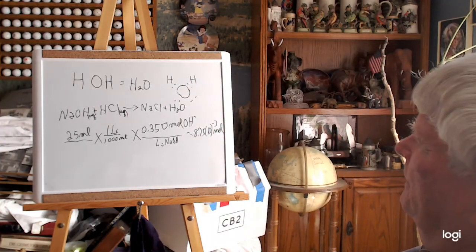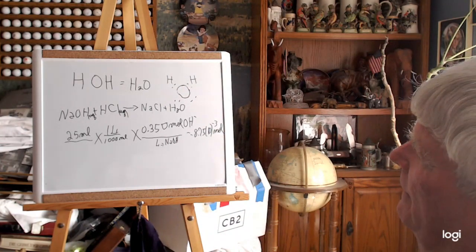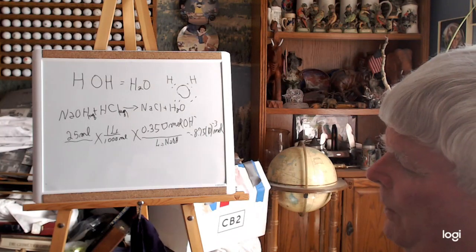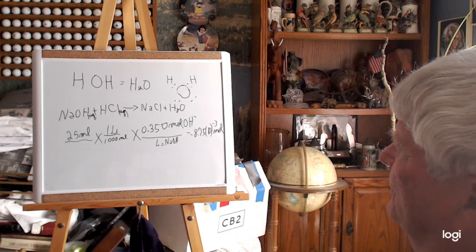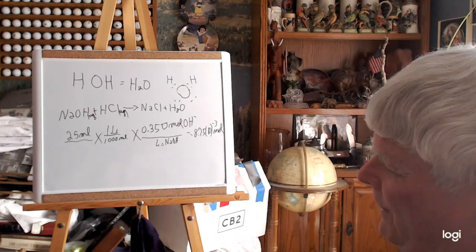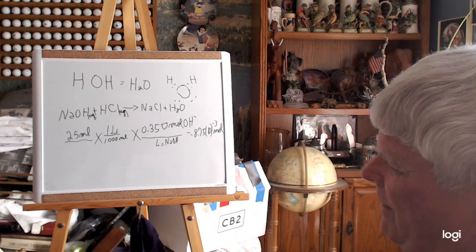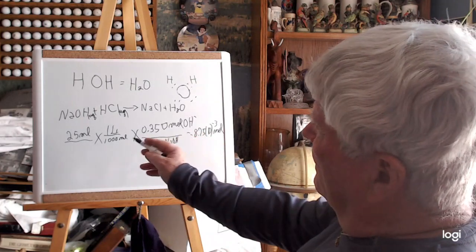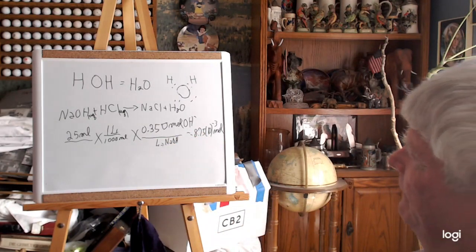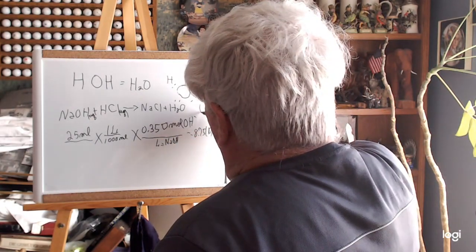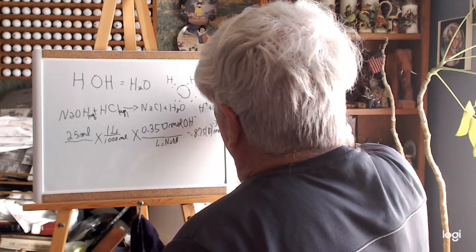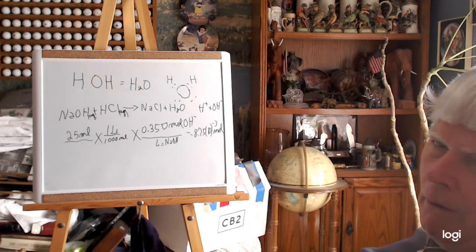Now, all you have to do to get a neutralization is find out how much of the 0.1 molar hydrochloric acid is necessary to supply that many moles. Believe it or not, it's not rocket science, because the hydroxide and hydrogen ions react 1-to-1. When you form water, it's H plus and OH minus for HOH, or water.